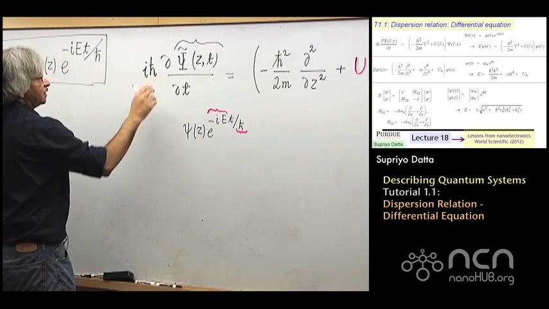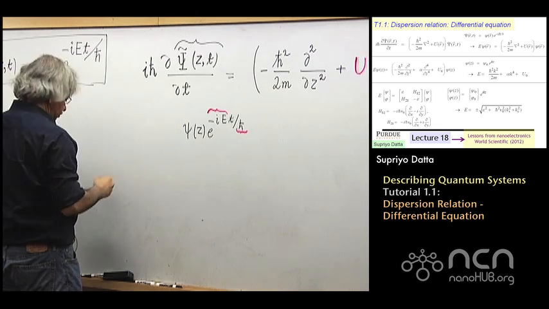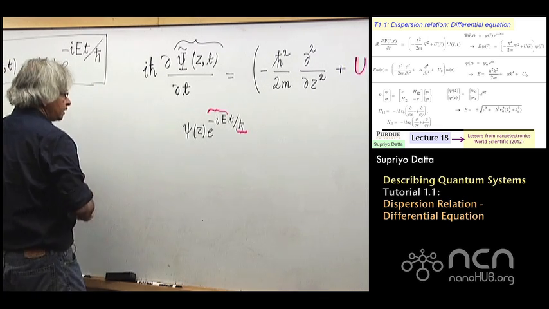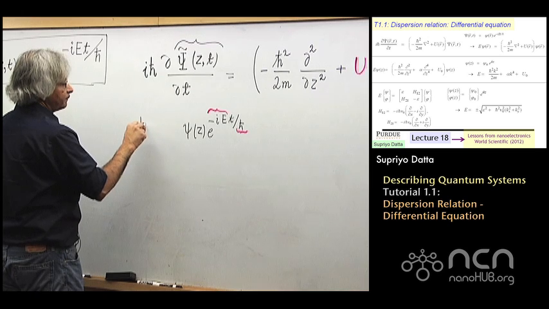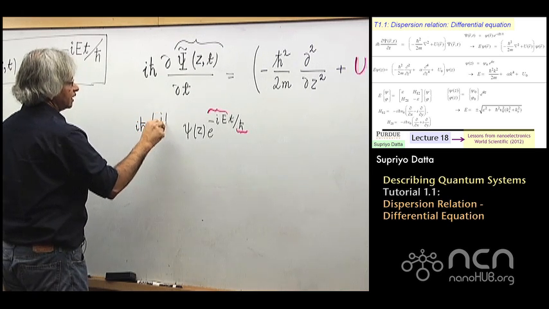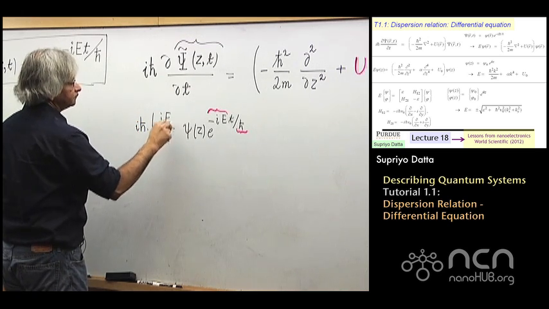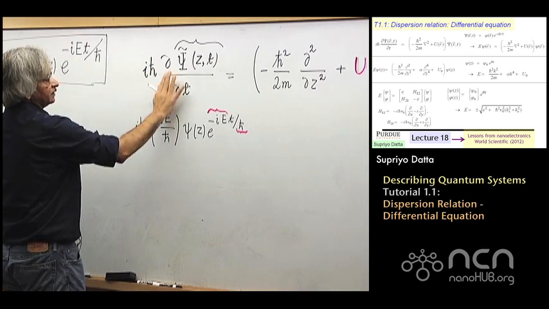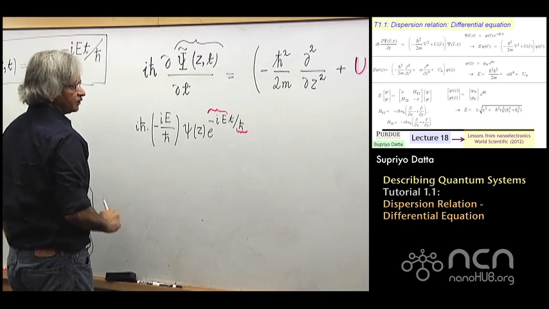So i h bar d/dt is equivalent to just i h bar times minus i E over h bar. So the derivative with respect to time just gives you this.